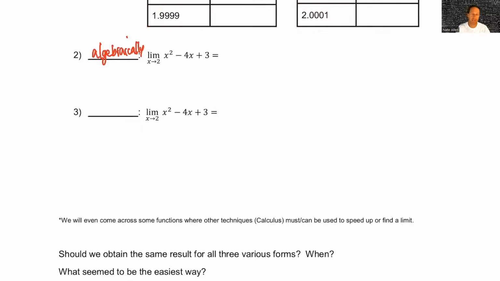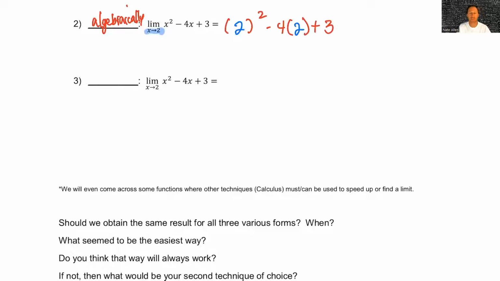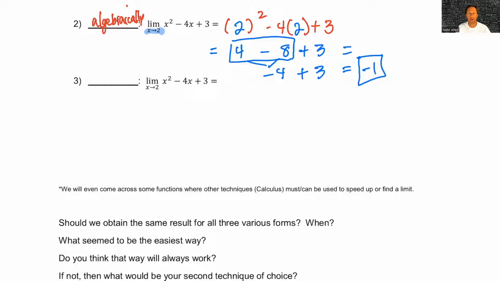I'm going to get so close that I'm just going to plug in 2 itself. So as x approaches 2, I'm going to say x is 2. And because it's approaching 2 from both sides, I'm going to see if it's actually available to evaluate. And that gives us the same value of -1 that we got when we plugged in a bunch of numbers on the right and left of 2. But this was way simpler.